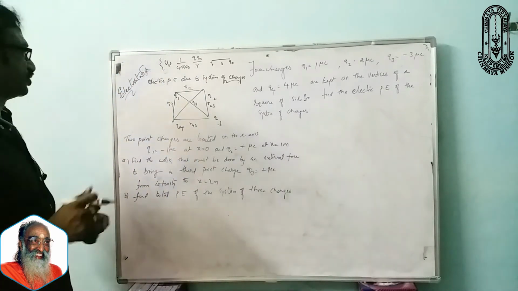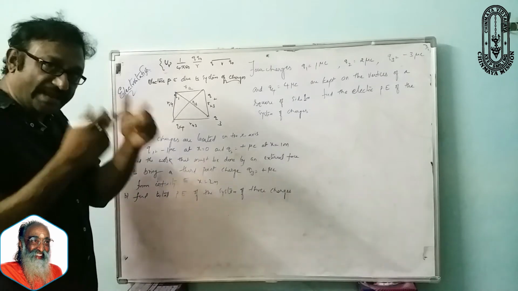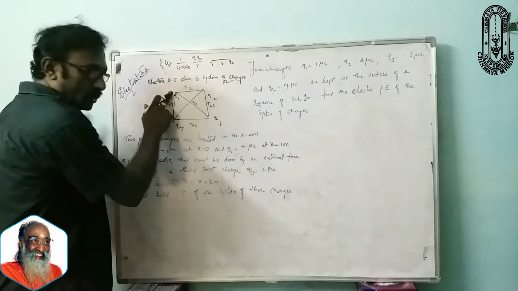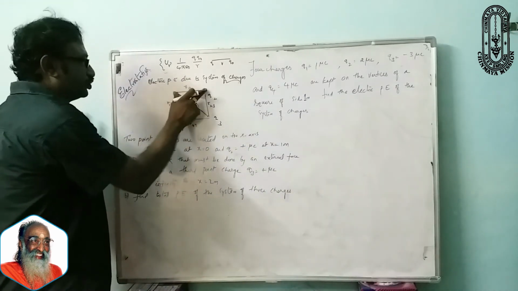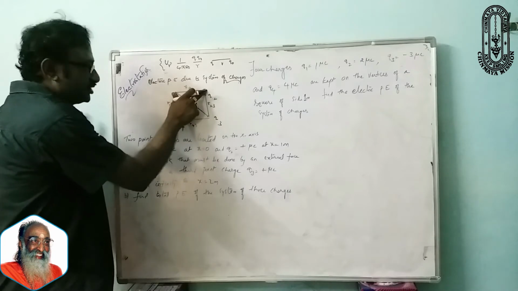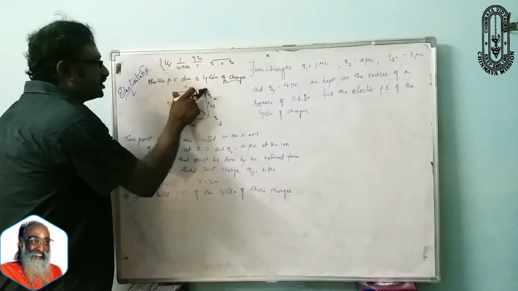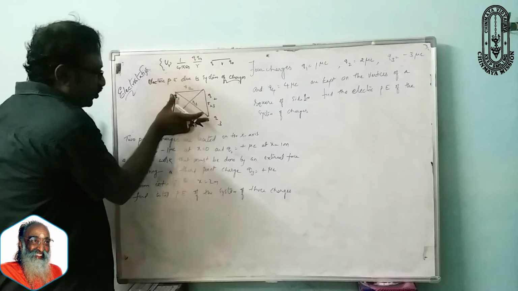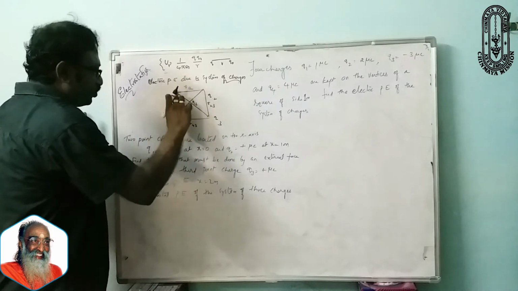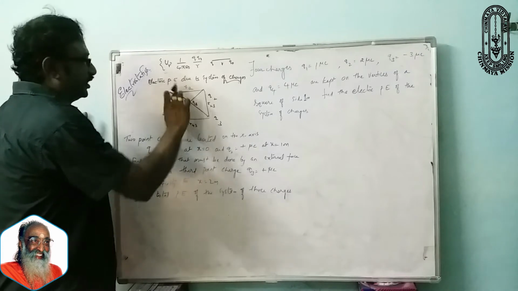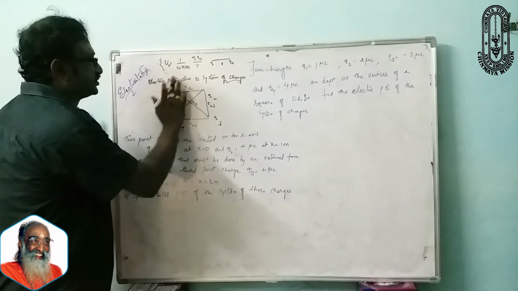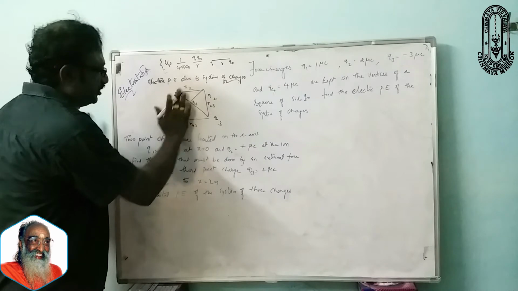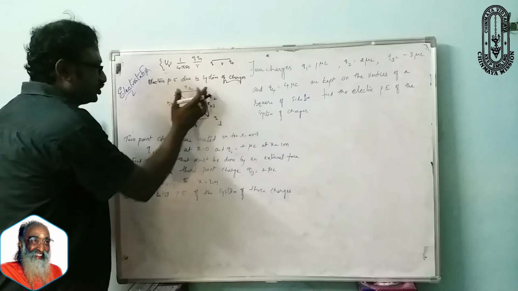Once again I am going to repeat. You can go in a cyclic manner. First take Q1 and Q2. Between these two point charges, what is the potential energy? Q1 and Q2. Next Q1 and Q3. Next Q1 and Q4. Now Q1 is paired with all the other three.